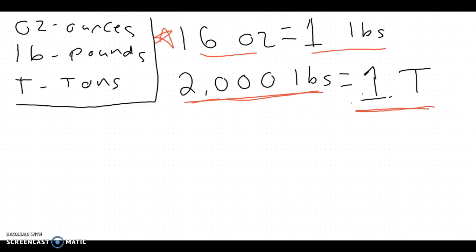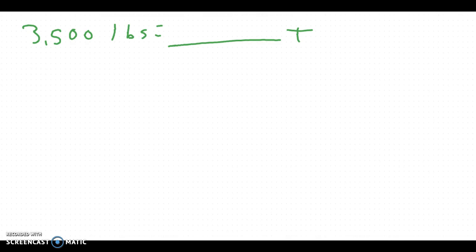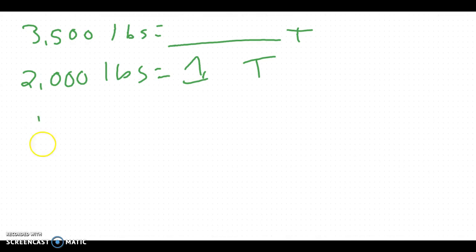We go back to our conversion chart. 1 ton is 2,000 pounds. So this is what we need to know to solve this problem. We need to know that 2,000 pounds is the same as 1 ton. All right, so if I have 3,500 pounds, I need to see how many tons I can make.